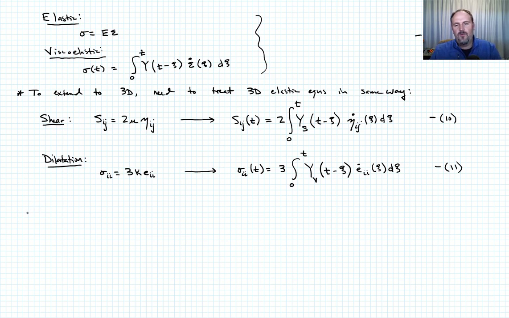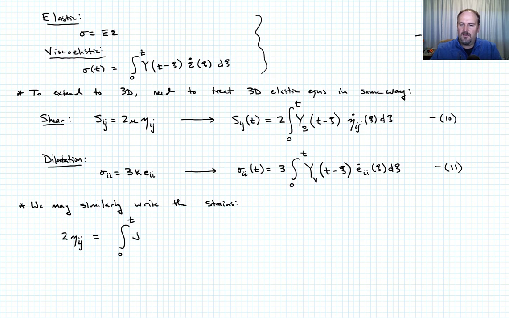I'll just say that we can do a similar extension and write the strains if we want. So we may similarly write the strains as, we'll retain the coefficient out front, 2 eta ij is going to be equal to the integral from 0 to t of J, which is the creep compliance, the shear creep compliance now, so I subscript it with an s, t minus c.